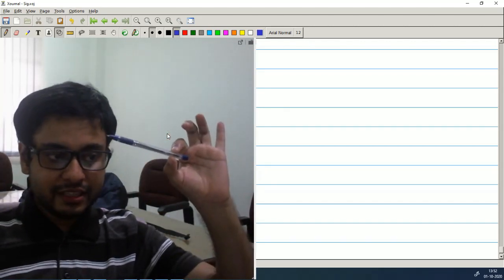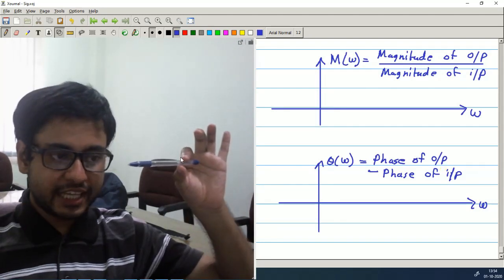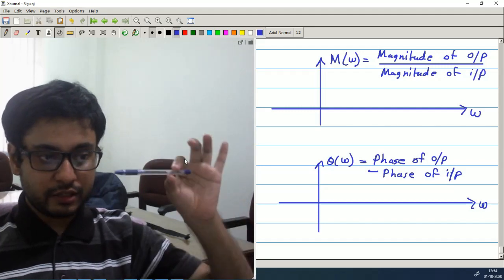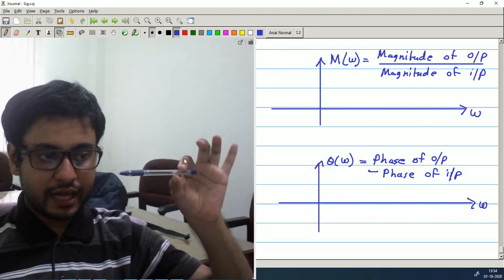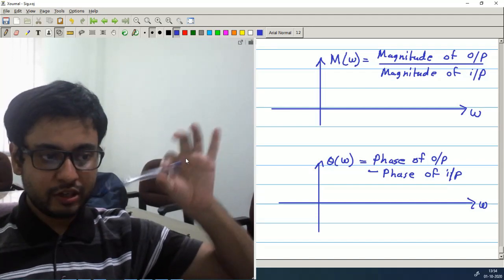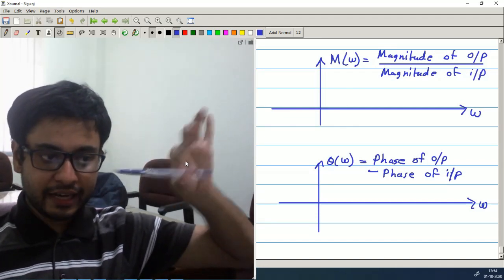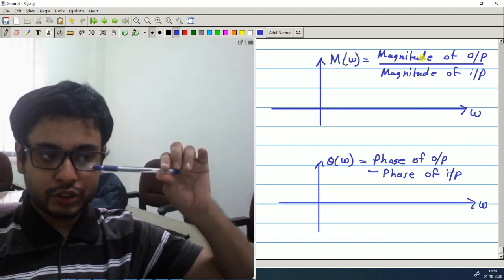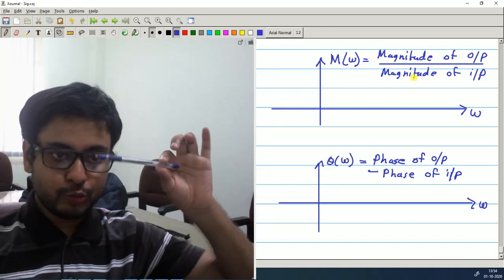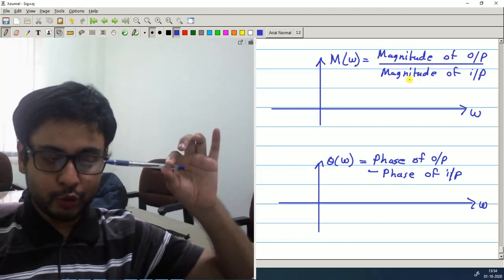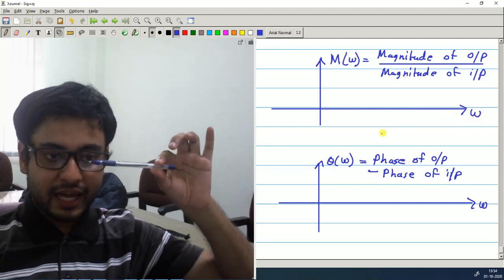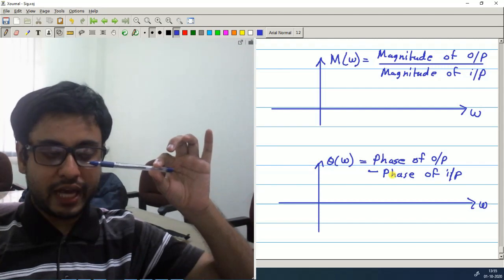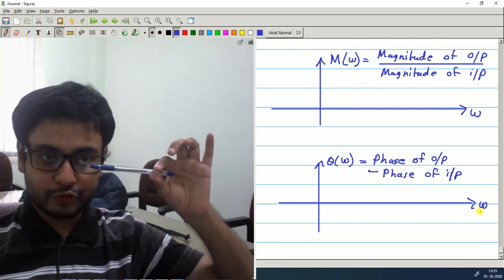Okay, and then you do this experiment by giving different input frequencies like low frequency and then higher frequencies, and you have to record the magnitude or amplitude of output divided by amplitude of input as a function of omega, and whether there is a phase gap between the input and output as a function of omega.